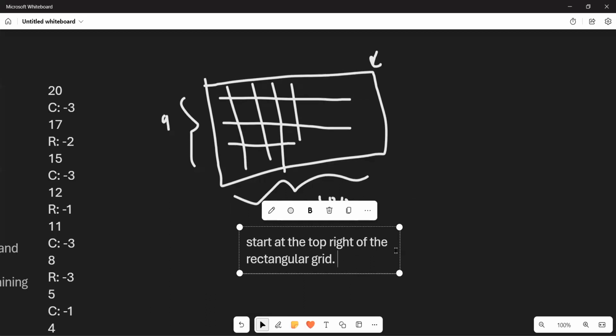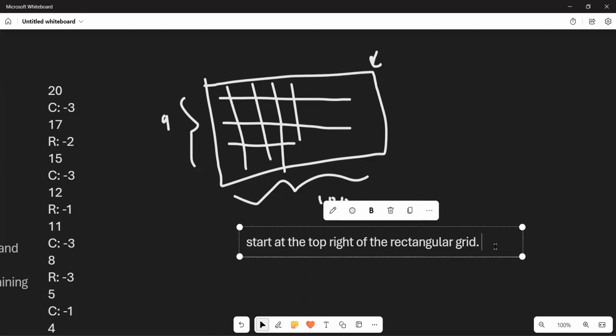Again, it's the same thing, alternate moves. In a move, what can a player do? In a move, a player can move anywhere to the right. Let's start.